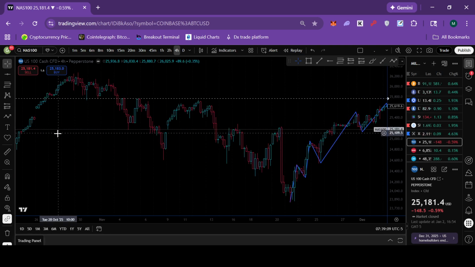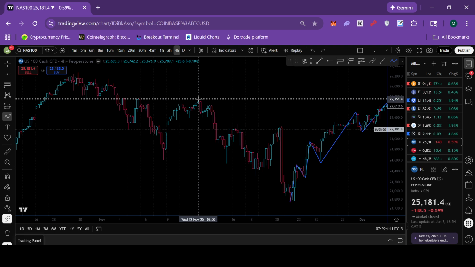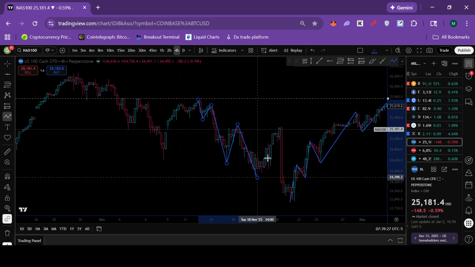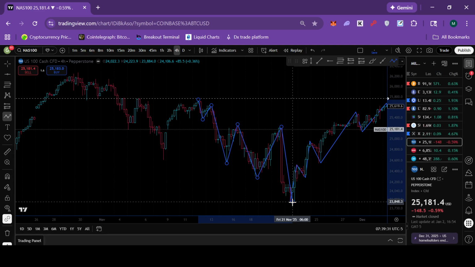Now, in a downtrend, it'll look like this. You have your high, you have your impulse down, creating your low. You get a pullback, creating a lower high, because this was your original high. Then you get a lower low. Lower high, lower low, lower high, lower low, right?